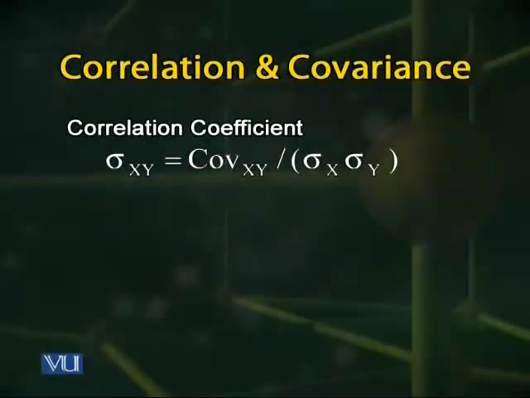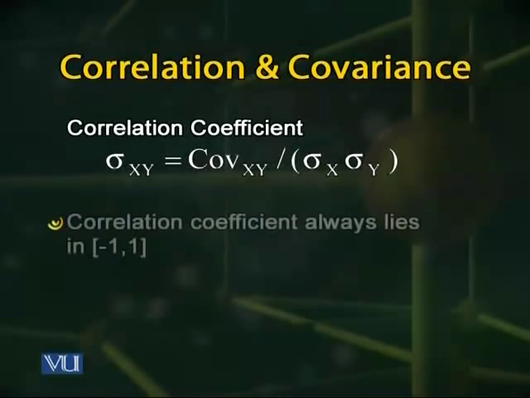Once we have found the covariance, we can again normalize it with the standard deviations of the two random variables to get a normalized numerical measure, which tells us how the two random variables are going to influence each other, and this normalized measure is called the correlation coefficient, and this always lies between -1 and 1.